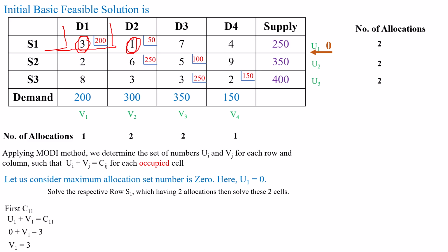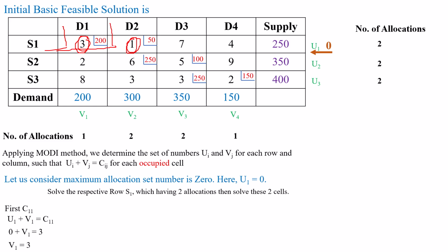We know the relation is ui plus vj equal to cij, where i represents the row number and j the column number. C11 means u1 for the first row and v1 for the first column. So u1 plus v1 equal to C11.